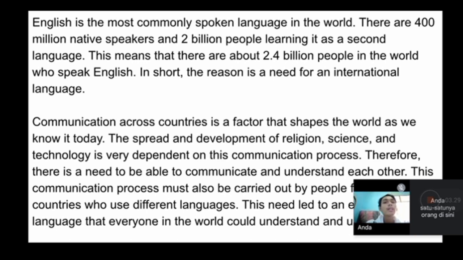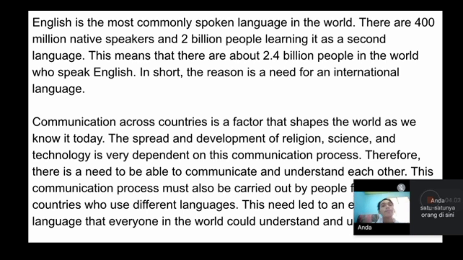The correct one is "English is the international spoken language in the world, and there are 400 million native speakers and 2 billion people learning it as a second language. This means that there are about 2.4 billion people in the world who speak English." And the error is "this means that"; actually it should be "this means there are", not "that".